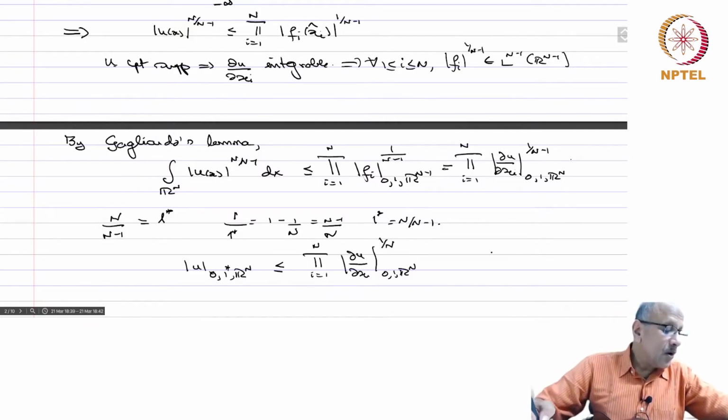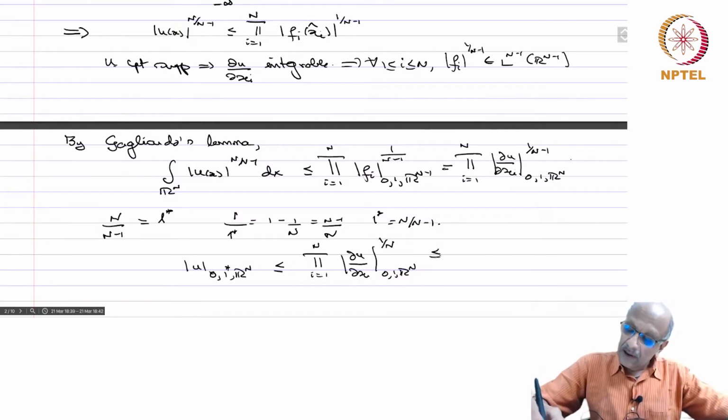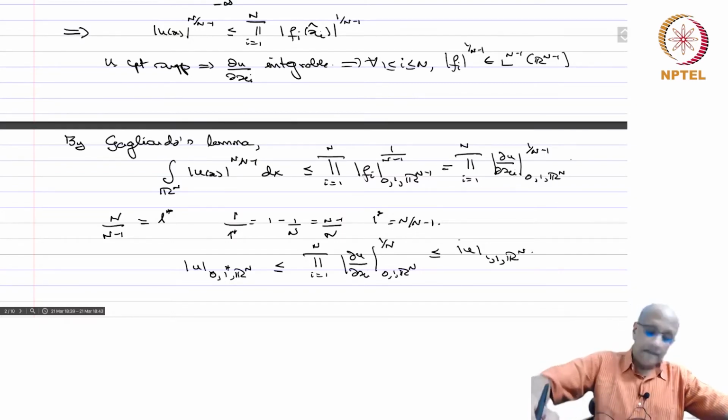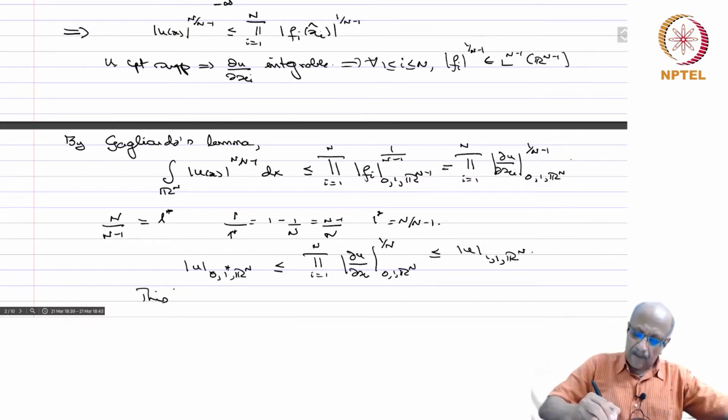And now each of these is less than the norm of du by dx in L1 of Rn, and there are n of them, and I am taking the nth root, so this is just less than that norm. So this proves star when p equals 1.